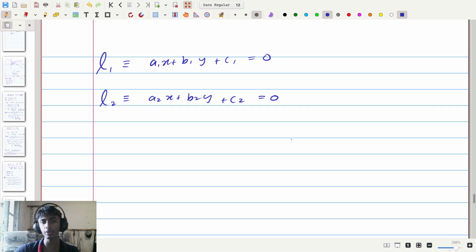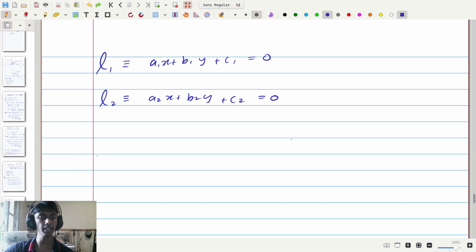At the intersection point, this equation was true and this equation was true. So therefore, at that intersection point, since both of these equations are true, they must both be passing through that point. So then, if we have any other line which is also passing through that point, for it, this kind of equation should also be true.